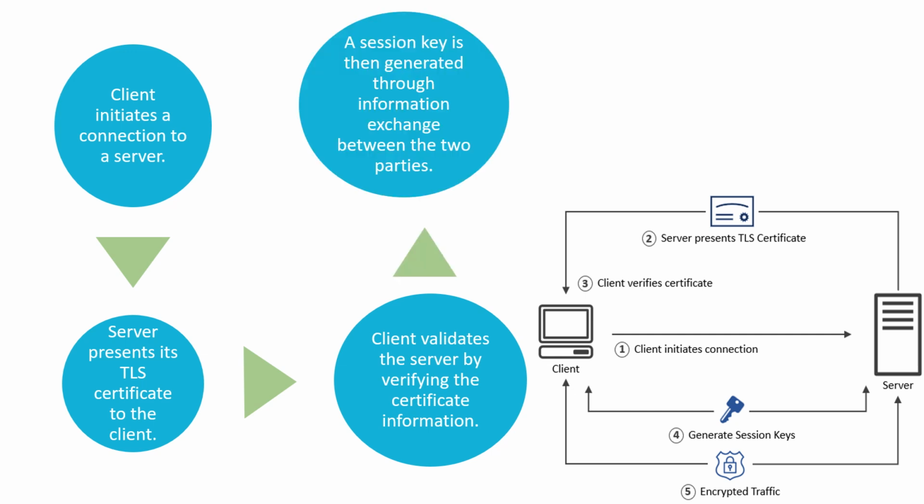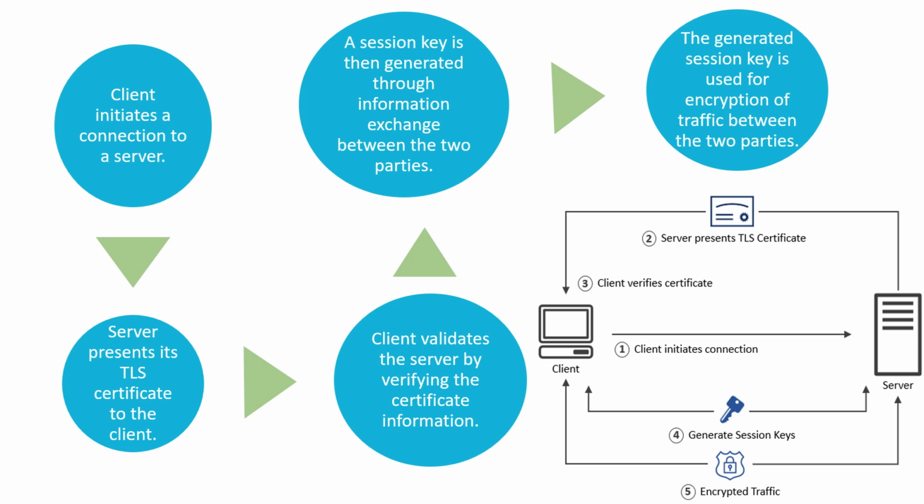Then a session key is generated through information exchange between the two parties, that is client and server, and the generated session key is used for encryption of traffic between the two parties. By using the encryption, the TLS protocol ensures the security between the client and server.